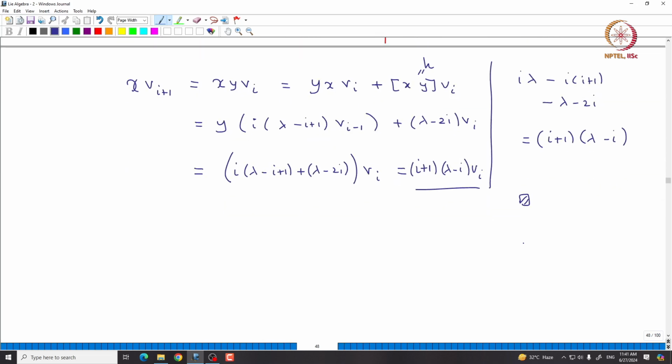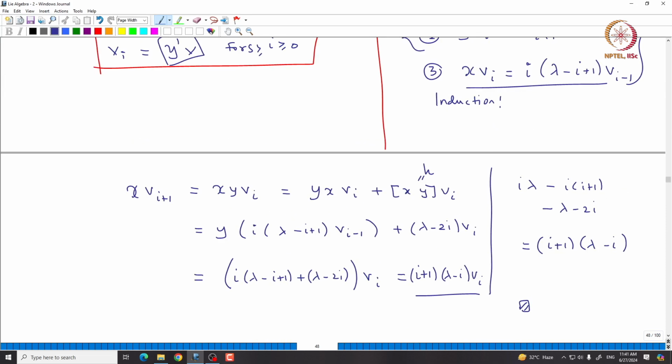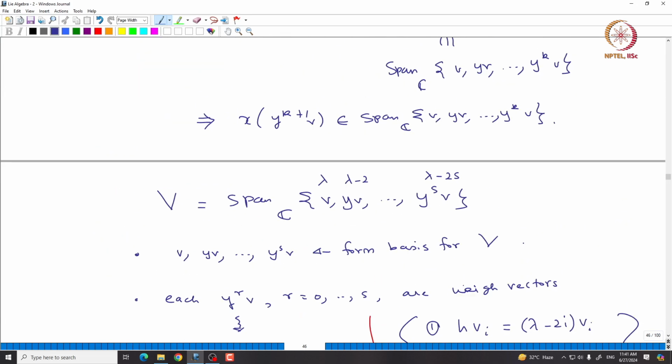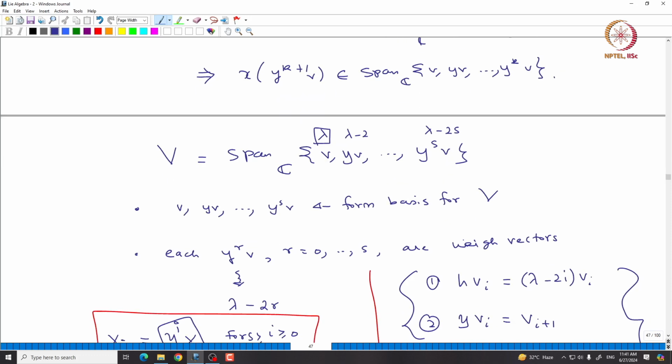So now what are we actually observing from this? Note that this lambda is chosen to be a weight vector which is actually the highest weight, because x v is 0, so we are not able to add anything more. Note that here all the weights start from lambda and go down by 2 every time. It is a kind of string that starts from lambda and goes down: lambda minus 2, lambda minus 4, and so on, lambda minus 2s.